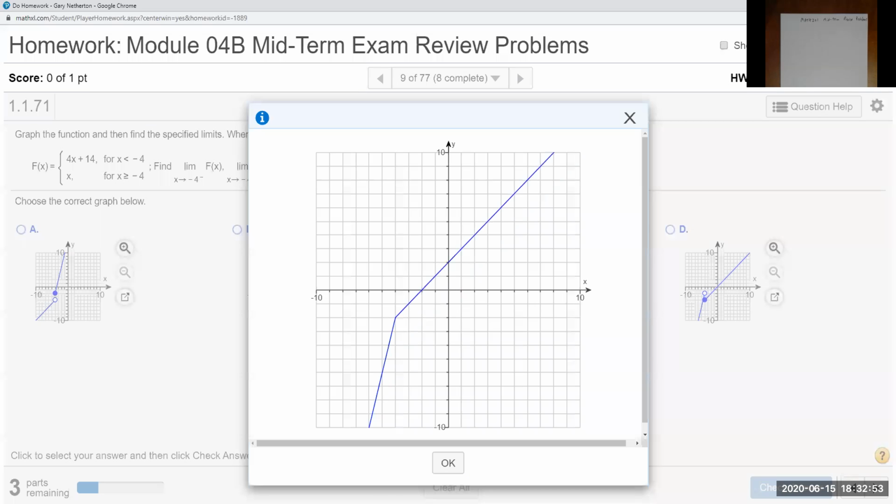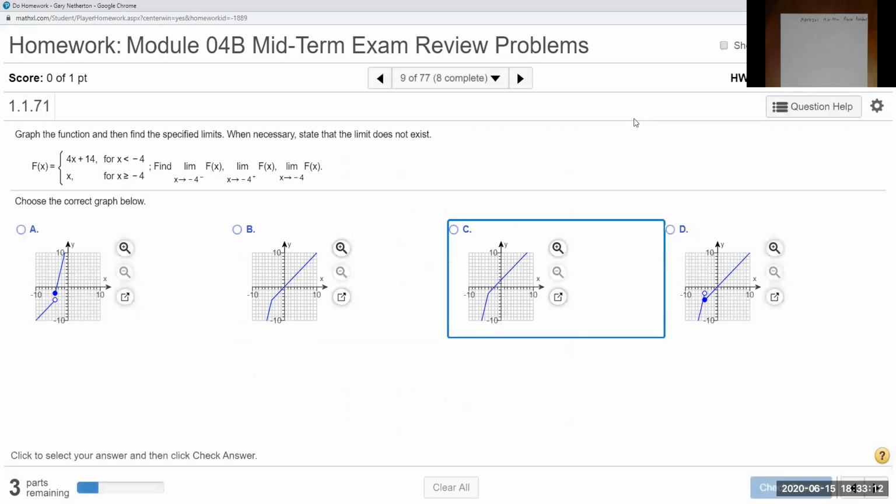Let's look at C. As I approach -4 here, now here it is -2. Although the problem is, you notice these lines meet here, which is interesting.